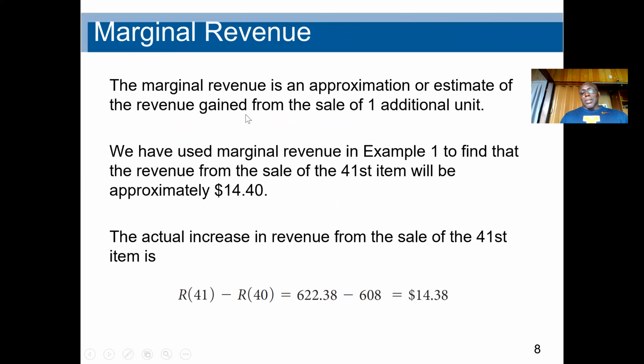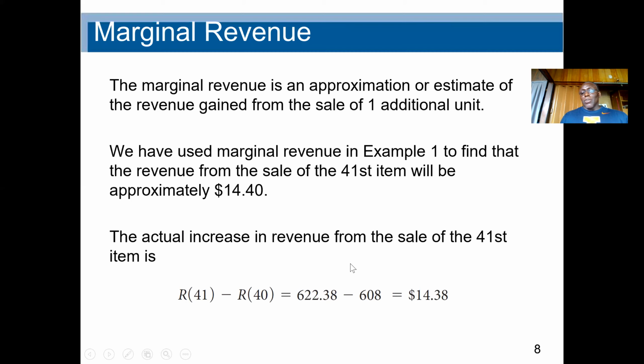Okay, so next we say the marginal revenue is an approximation or estimate of the revenue gain from the sale of one additional unit. As I said earlier, it's not the 40 units together. If it's 40 units, we use the total revenue function. If we use the marginal revenue function, it means if it's at 40, what will be the additional revenue after 40, the next item, which is 41. So we have used marginal revenue in example 1 to find that the revenue from the sale of the 41st item will be $14.40.